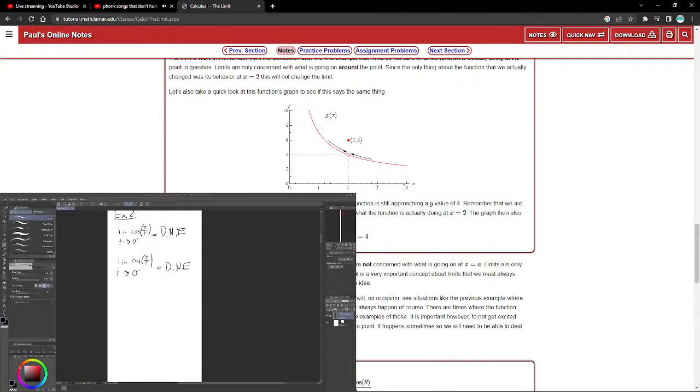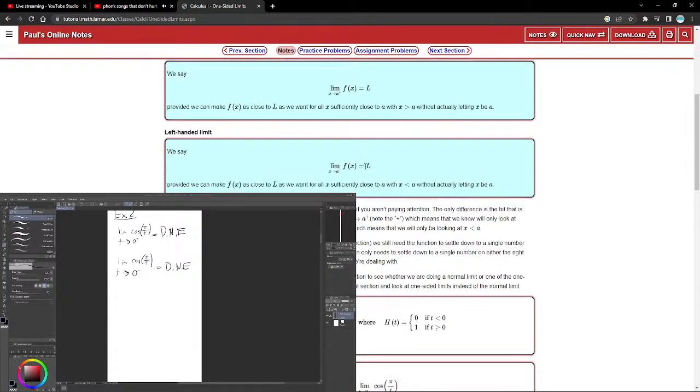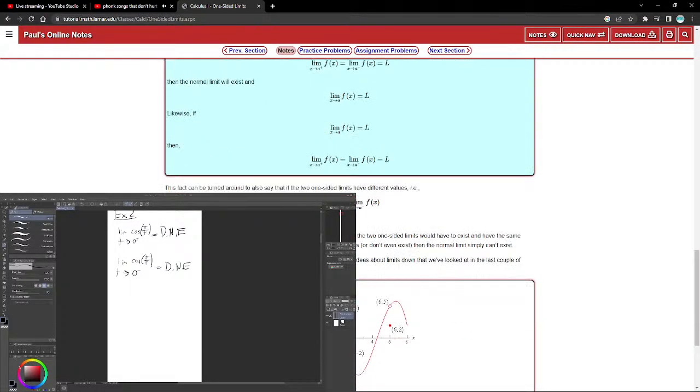Alright, so from the right, it's definitely approaching 4. And from the left, it's also approaching 4. So we're just going to say it approaches 4 from both sides.